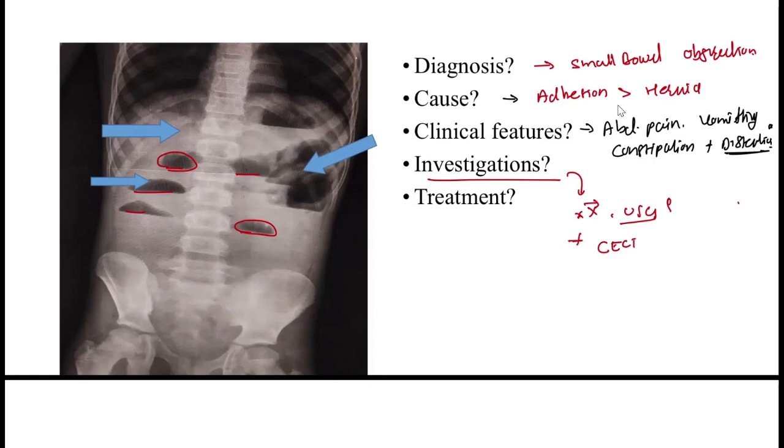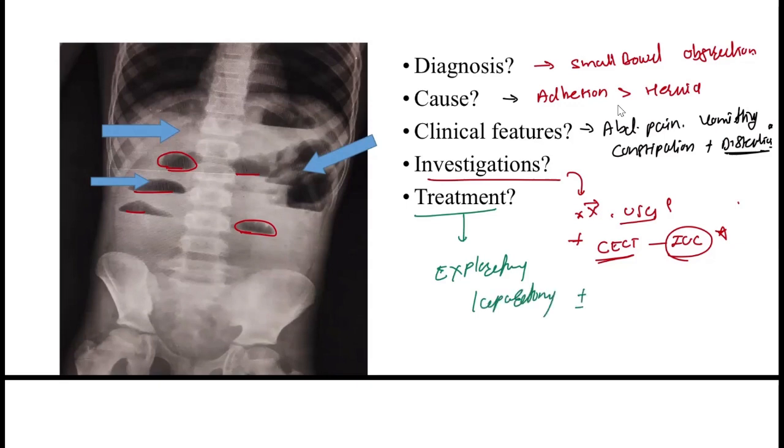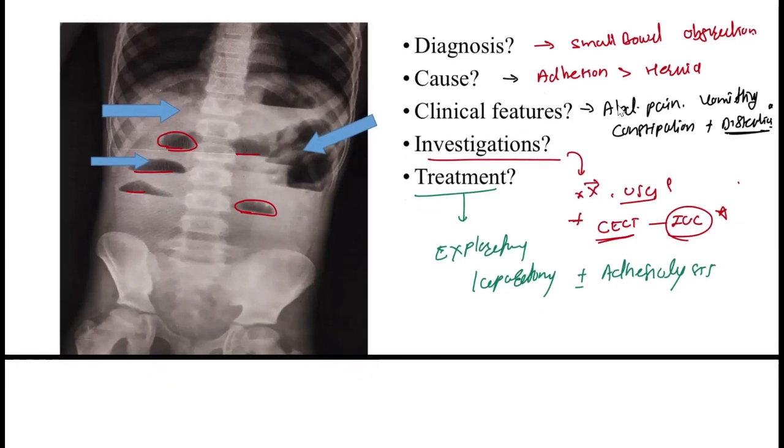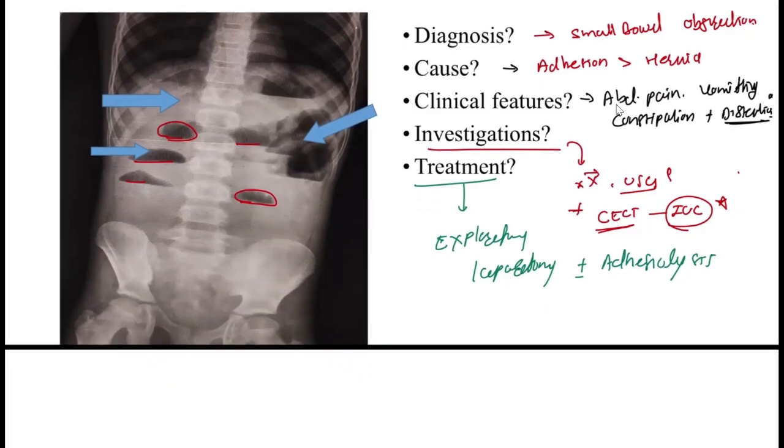And the treatment for this is exploratory laparotomy. Plus, if it is due to adhesions, we can do adhesiolysis. And if it is due to hernia, the treatment should be according to the type of hernia. It can be internal hernia or inguinal hernia.